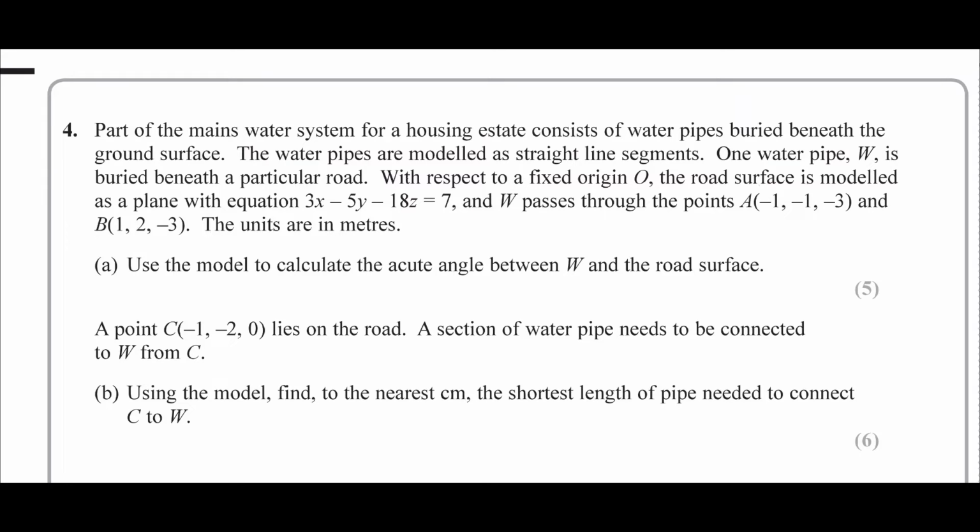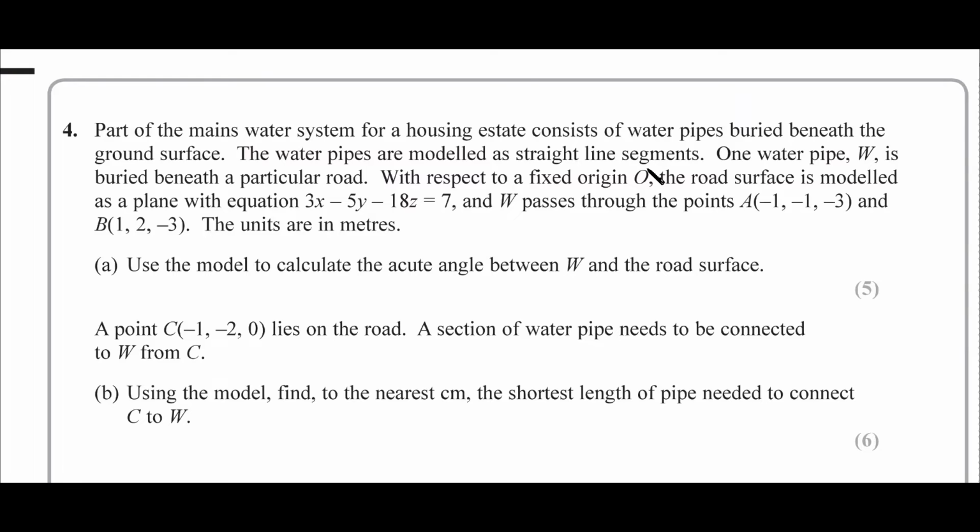The road surface is modelled as a plane with equation 3x minus 5y minus 18z equals 7, and W passes through the points A with coordinates (-1, -1, -3) and B with coordinates (1, 2, -3). The units are in meters. We have to use the model to calculate the acute angle between W and the road surface.